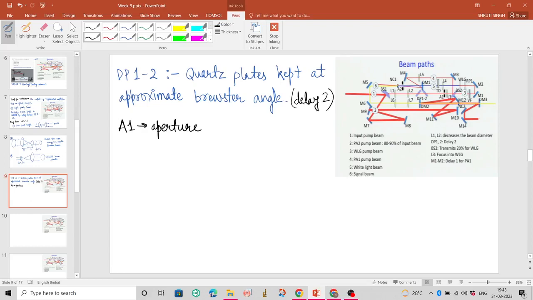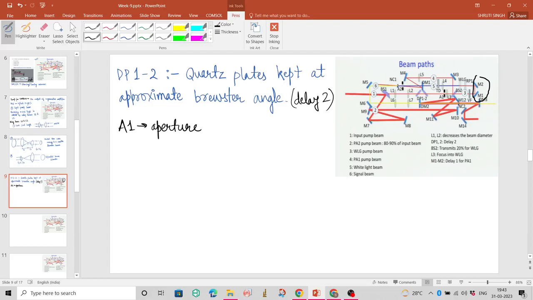So it can be used to produce a delay. The tilt of these plates can give a little delay to the beam. So it's a delay tool. Now where is delay 1 then? Delay 1 is this one, the mirrors M2 and M1. You see this, I'm putting my cursor here. This is our delay 1, which is a pair of mirrors kept on a retroreflector.